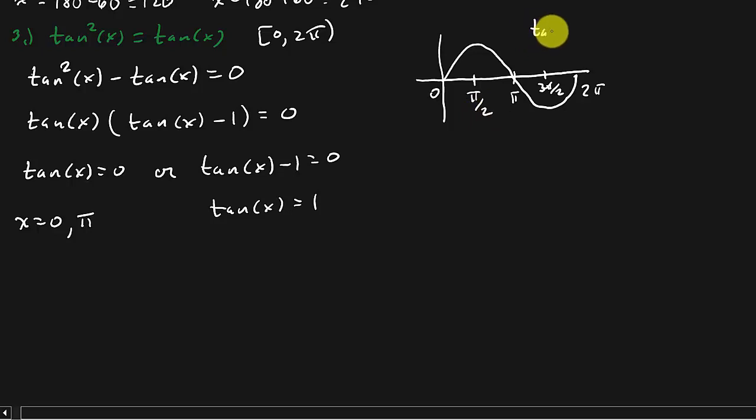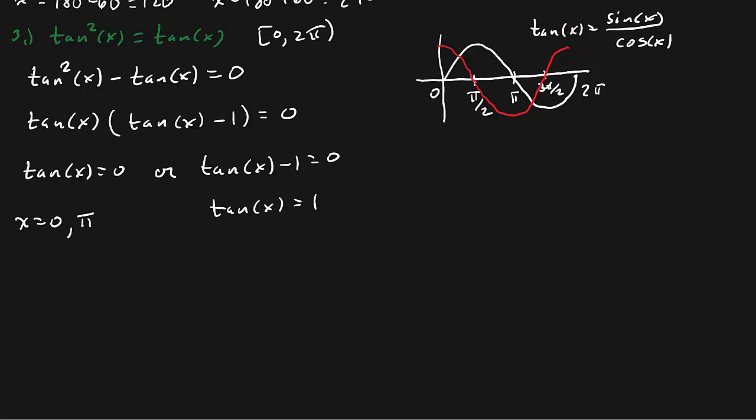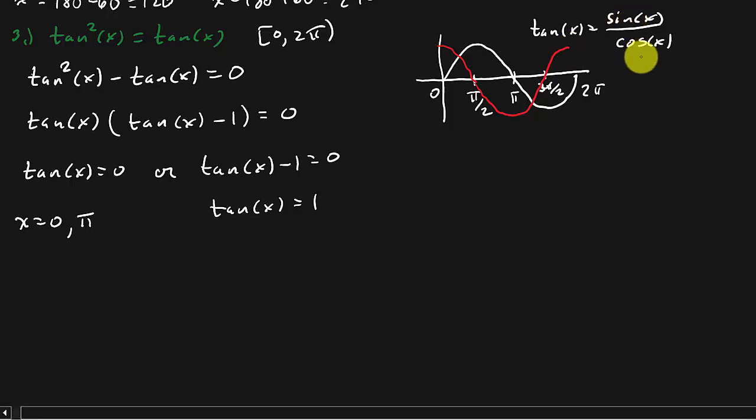But remember, tangent is equal to sine over cosine. All right, and if I sketch in the cosine graph, that's going to look like this. I mean, we don't need the cosine graph, but I just went ahead and put it in there. But remember, tangent, sine over cosine.